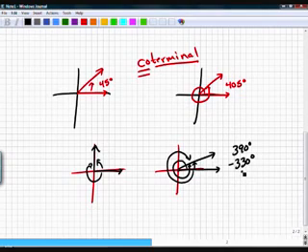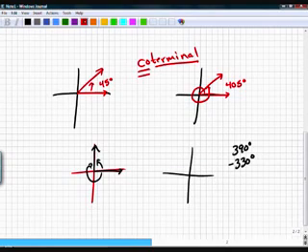And 570? That would be 360 plus another 210, so that would actually be down here somewhere. So you're going to have to add a full rotation. 750 degrees, adding 360s.